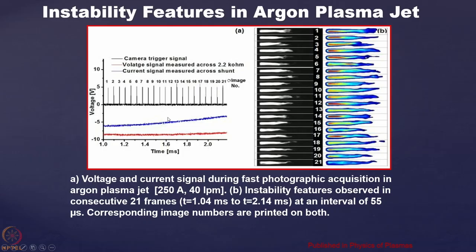Now, there are ways to get an intensity map within the jet. There is a color scheme in many commercial software packages which you can use to get a color map of intensities inside this plasma jet. What you are seeing here is that the most intense zone is here. The most intense zone means higher temperature, so you may say that this region has the highest temperature.